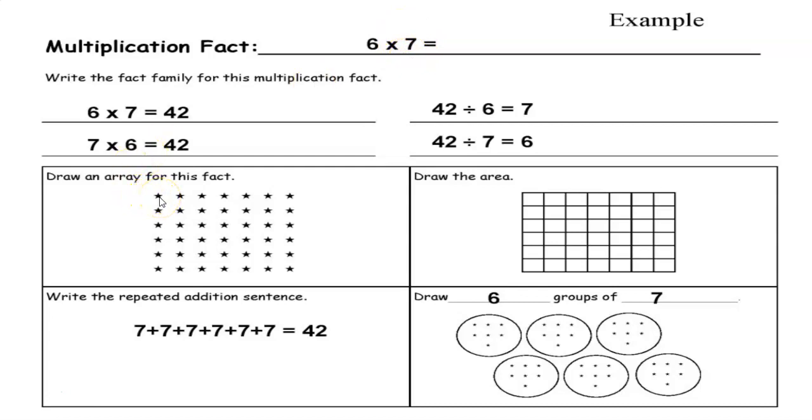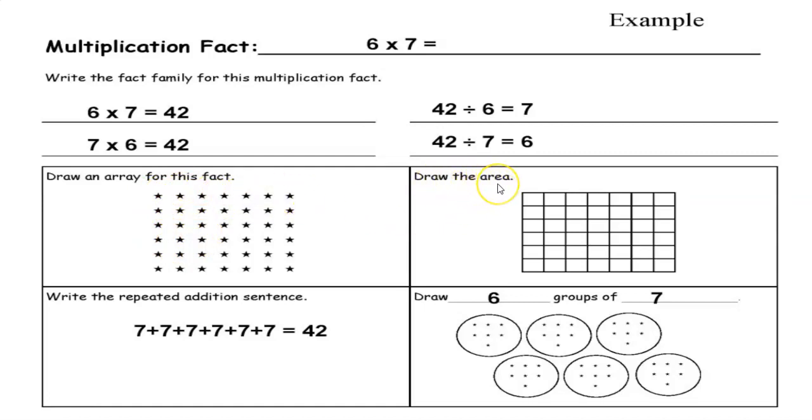So row number 1 has 1, 2, 3, 4, 5, 6, 7. When you do it yourself, you can use different models that I'll show you in a minute, or you can use different pictures or just little dots or little tallies. So this shows an array of 6 because we have 6 rows of equal number 7.